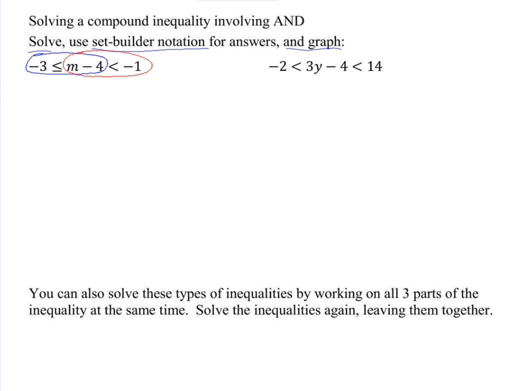So for my first one, I'll write -3 is less than or equal to m minus 4. Is this an and statement or an or statement? This is an and, so I'm going to write and, then repeat the stuff in the middle. M minus 4 is less than -1.